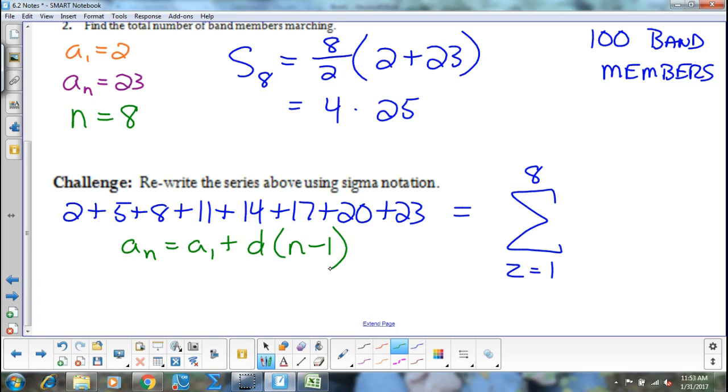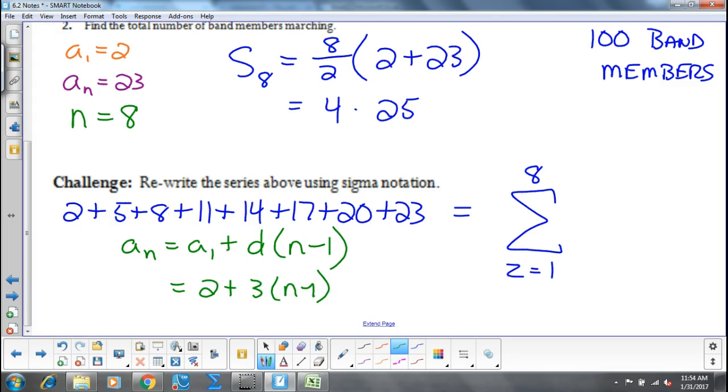Where do you think we can come up with a rule? Right? Okay. What's my first term? 2. What's my common difference? 3. That should be n minus 1. So is that a rule?